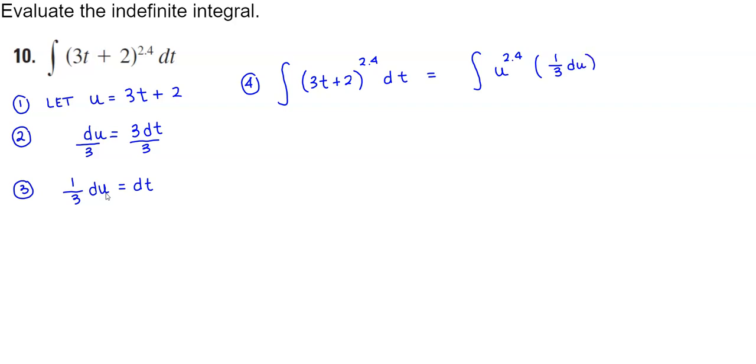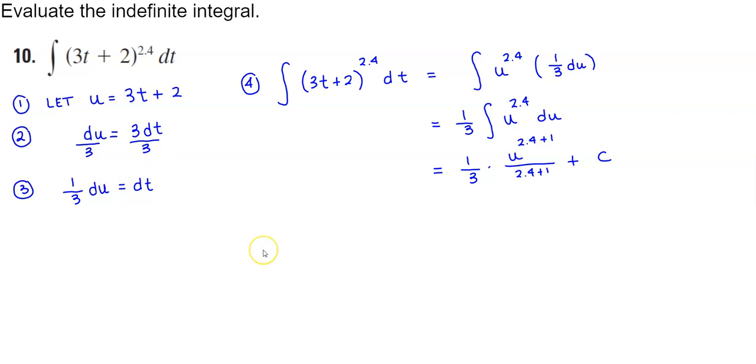du. So now we're going to factor out the 1/3, and then we have the integral of u^2.4 du. And now we're going to take the antiderivative of u^2.4. So that's going to equal u^(2.4+1) over 2.4 + 1 plus the constant c.